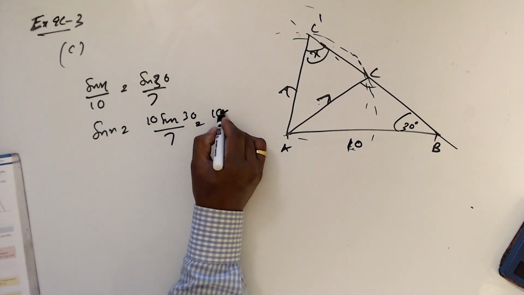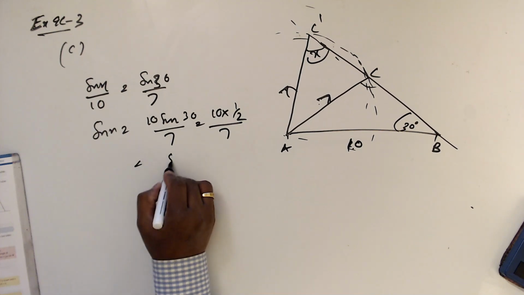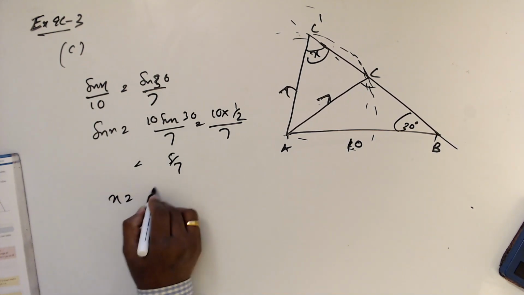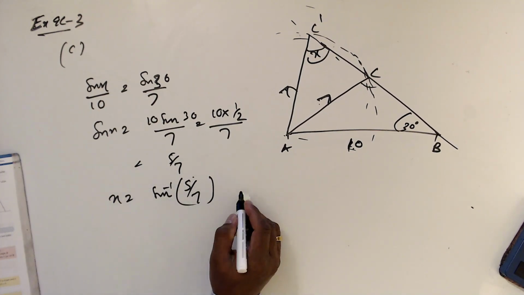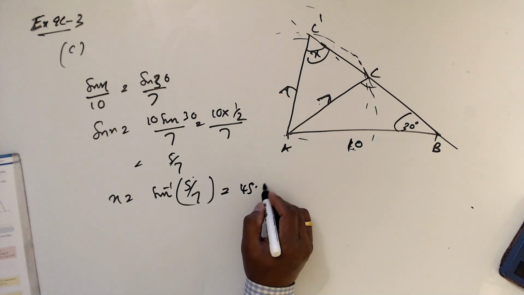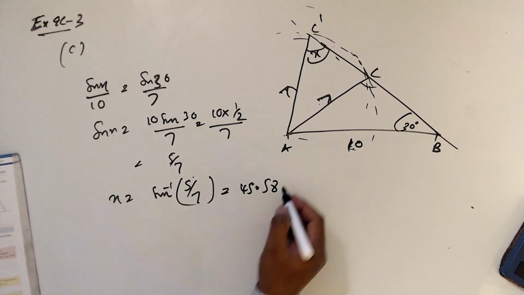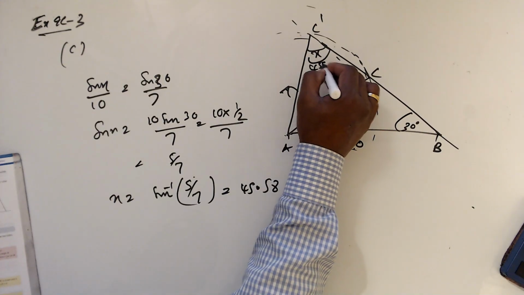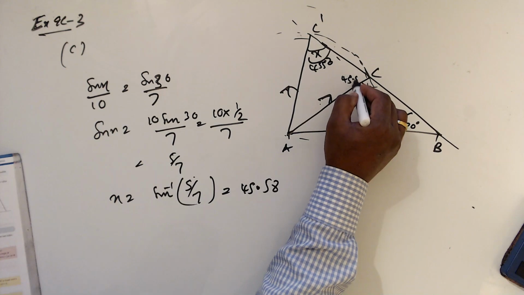Sine 30 is half. Half of 10 is 5 over 7. X equals sine inverse 5 over 7, which is 45.58. So this is 45.58. And this is 7, because of that this is 45.58.